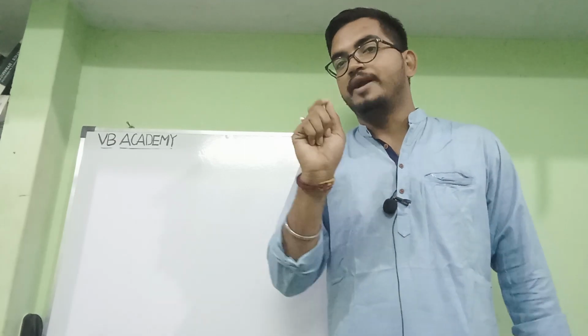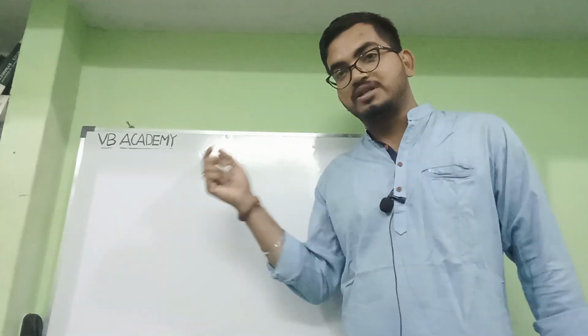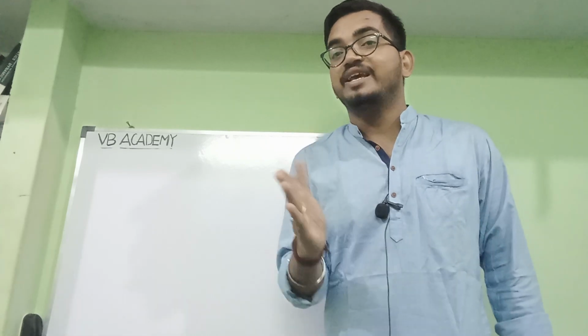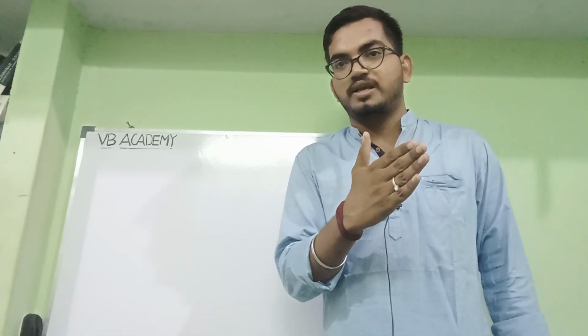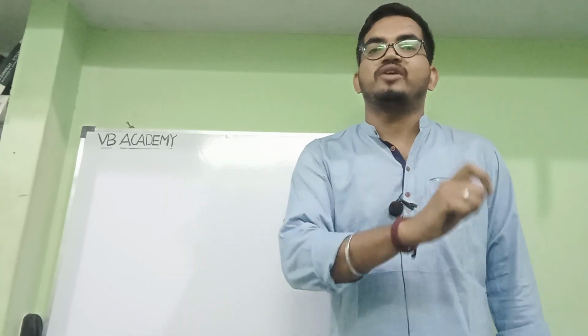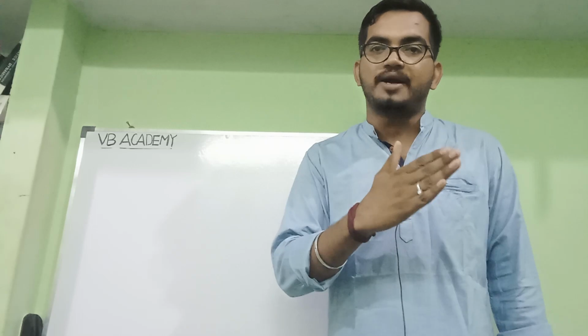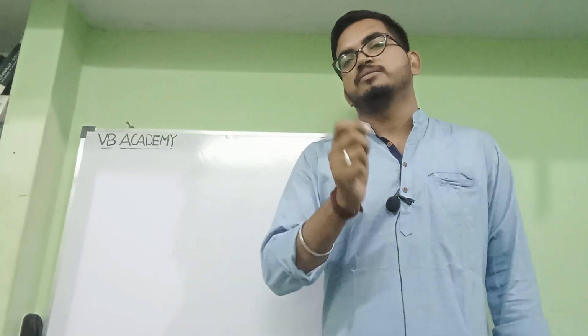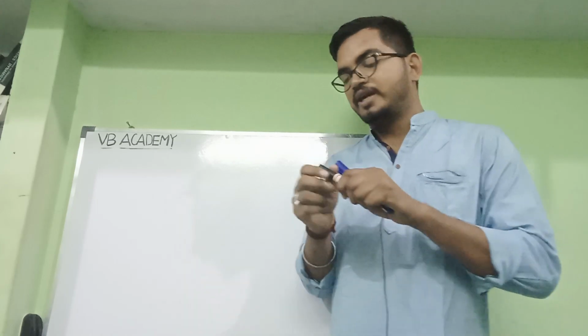Clear? So resistance of externally applied forces, whenever the load is applied on the body, is known as the strength of that particular body or material. Clear? So you are getting it, right?